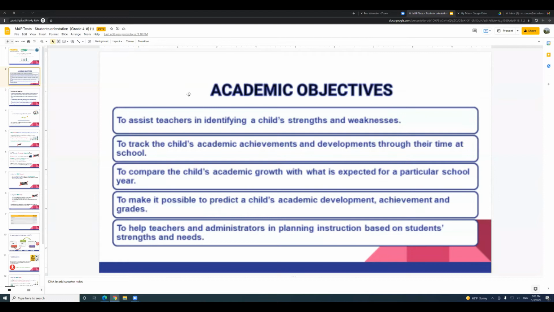It's essential to compare the child's academic growth with what is expected for a particular school year, to make it possible to predict a child's academic development, achievement, and grades, and most importantly, to help teachers and administrators in planning instruction based on students' strengths and needs.